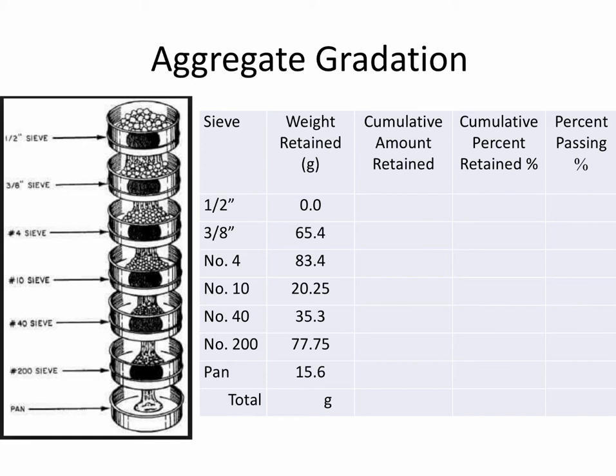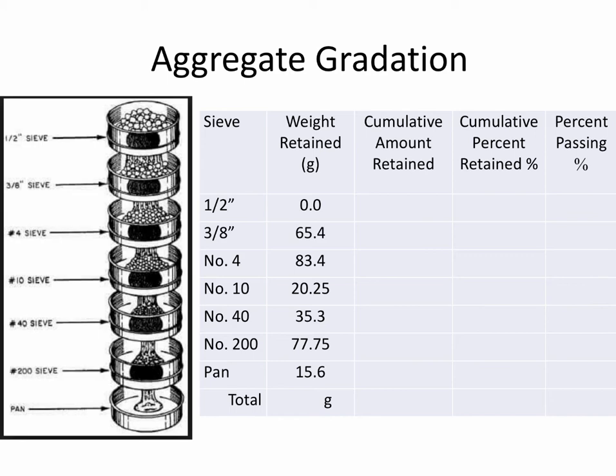Then you want to go through and calculate the cumulative amount retained, and the cumulative percent retained on each sieve. And finally, the value we really care about is the percent that passed through each sieve. We use that percent passing to gather additional information about the gradation of our soil.